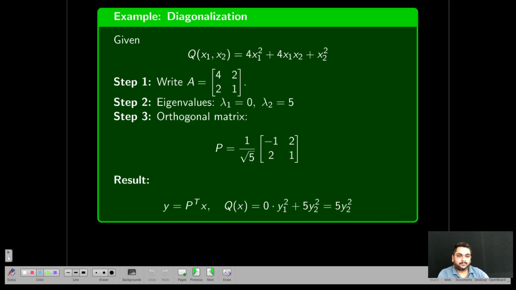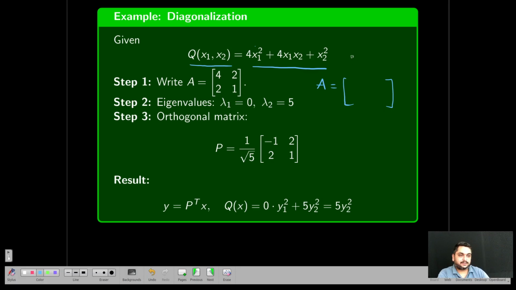Okay, so let us take an example, you'll understand that. Q of x1, x2 is a quadratic equation given like this. Now how will you find the matrix A for this? How many variables are there? 4, so I need 4 entries.